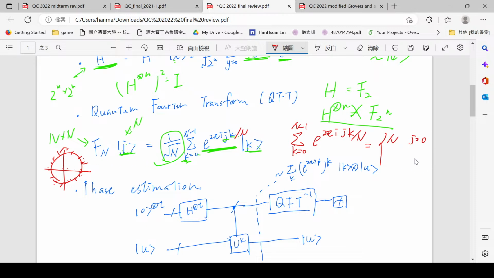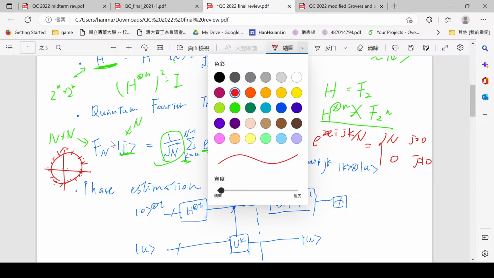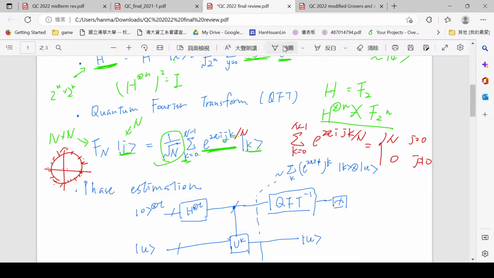And if j is not equal to 0, then as we say, you are adding up equally spaced points on this circle of radius 1 on the complex plane, and by symmetry this should add up to 0. And this is the identity we keep using when we do calculations around the quantum Fourier transform. Okay, any question? No.